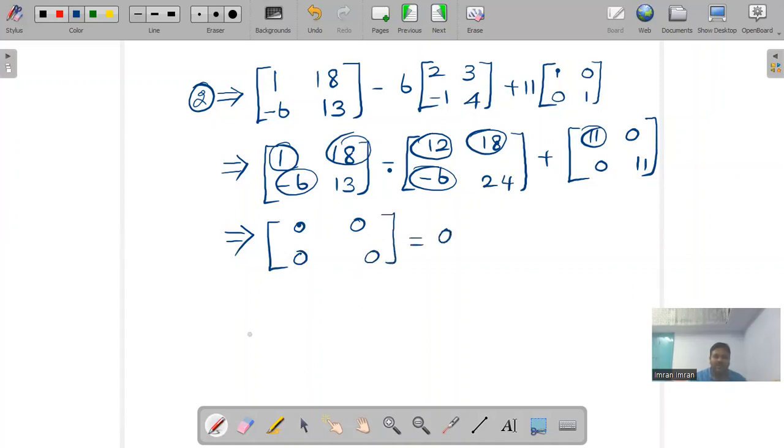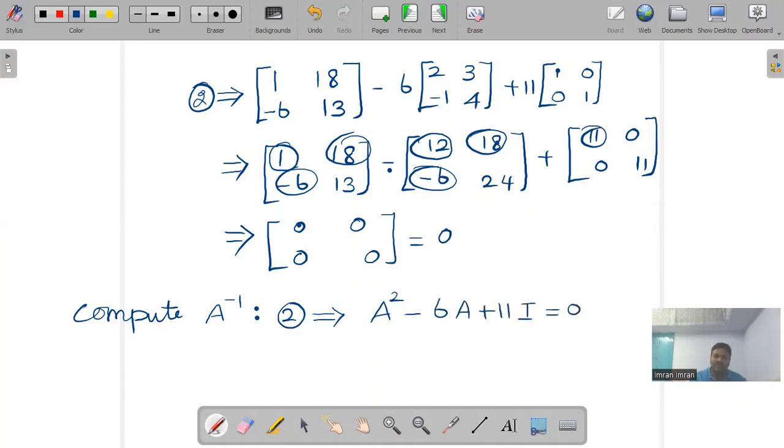Using this Cayley-Hamilton equation, compute A inverse. How to compute A inverse? Let us take equation number 2: A square minus 6 into A plus 11 into I equal to 0. Multiply this equation by A inverse.